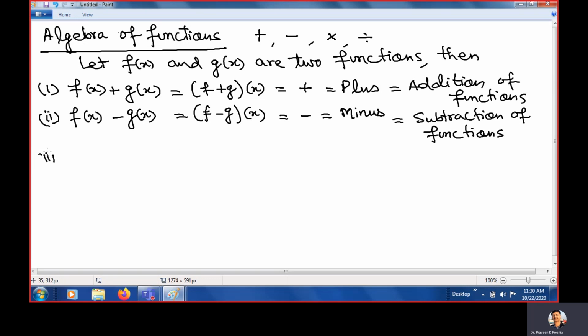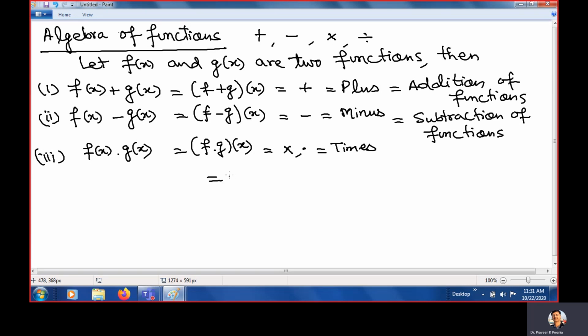What is the third one? Third one is f(x) times g(x). That means (f times g)(x), and this is named as times. Times means this is multiplication of functions.